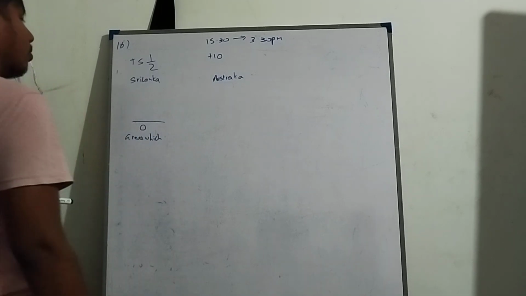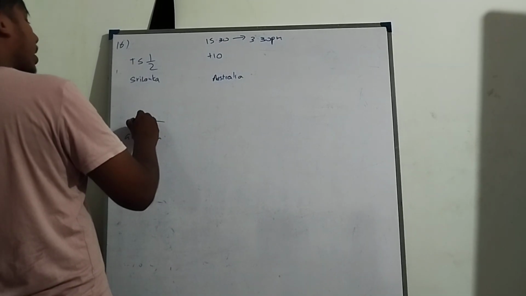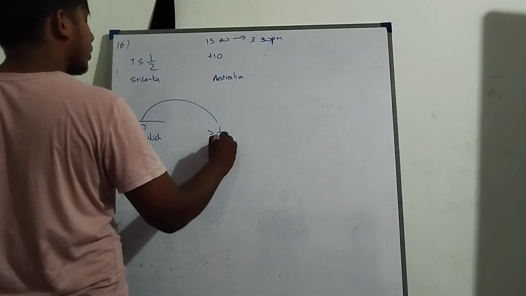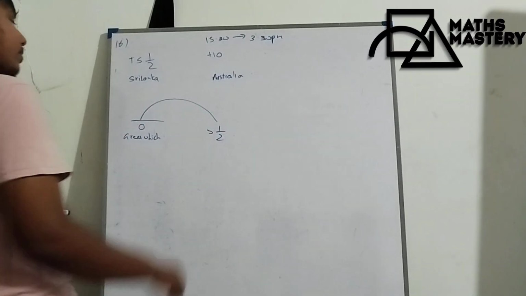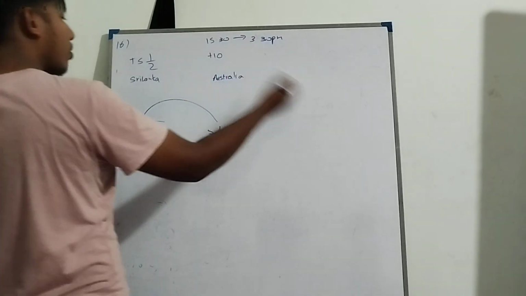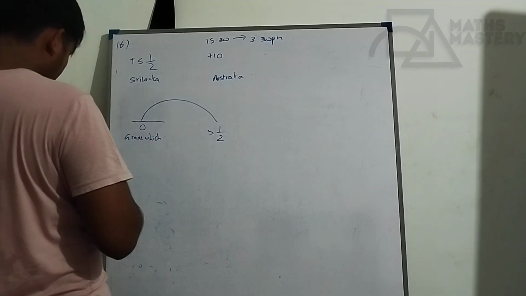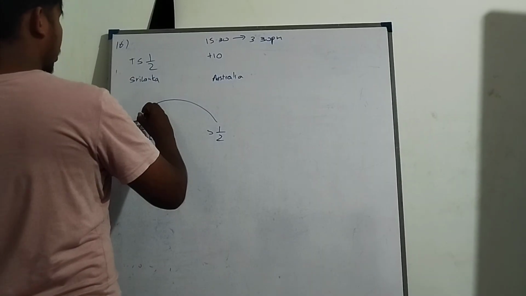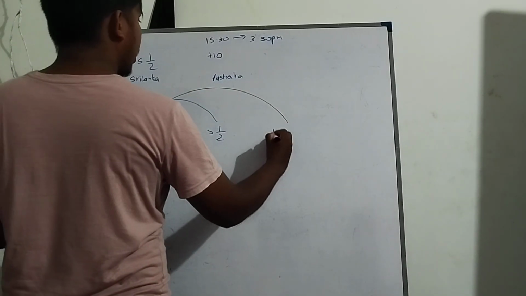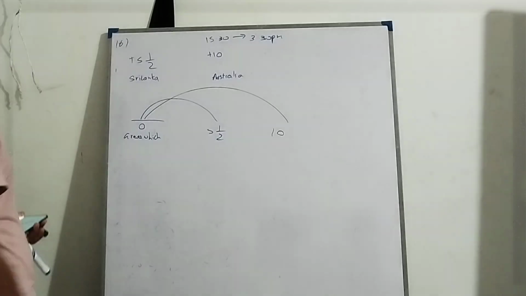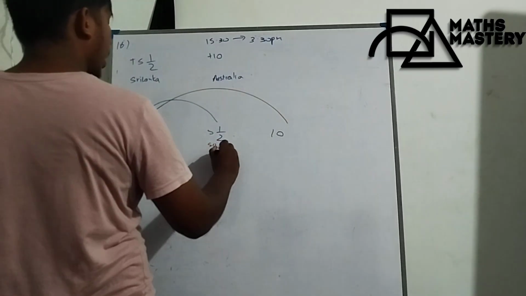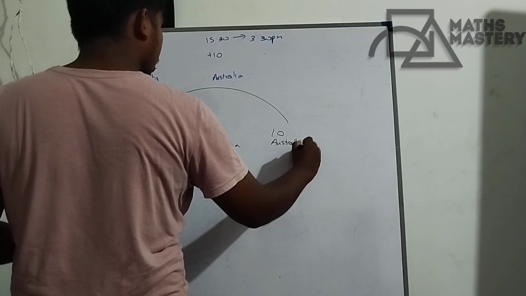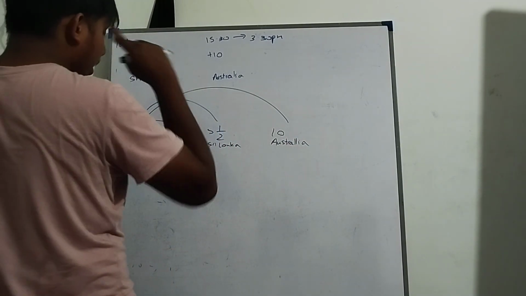From Greenwich time, the gap to Sri Lanka's time is 5 and a half, and from Greenwich time to the Australian time, there's a gap of 10. This is Sri Lanka and that is Australia.